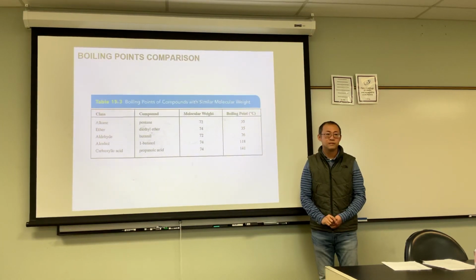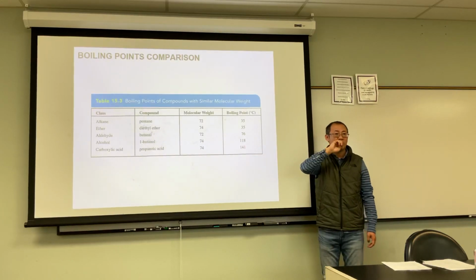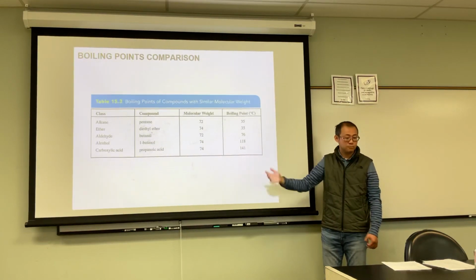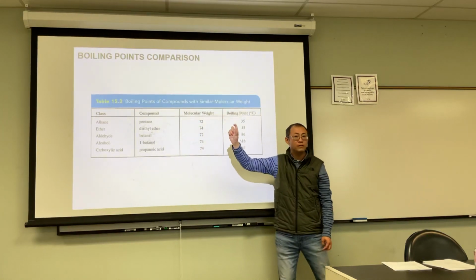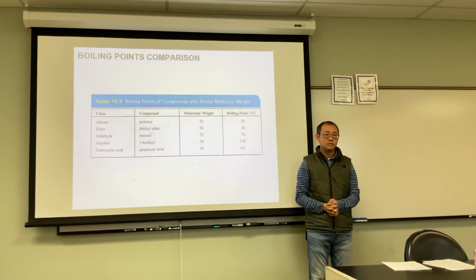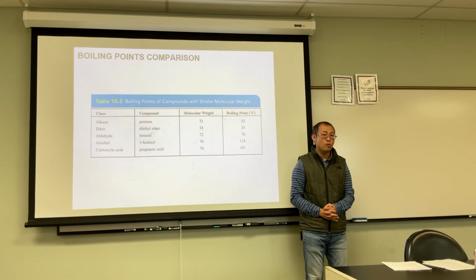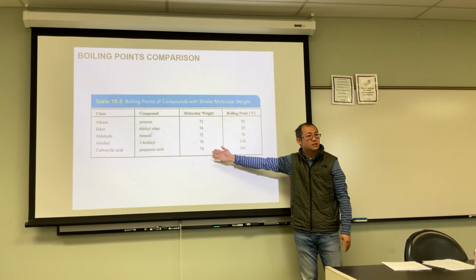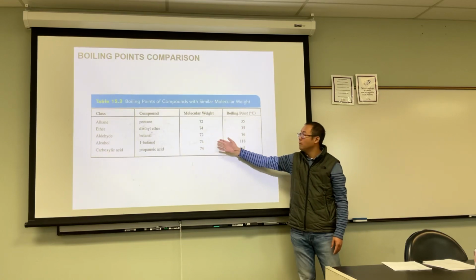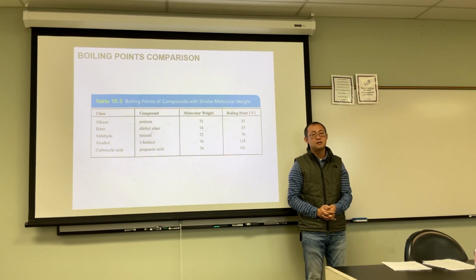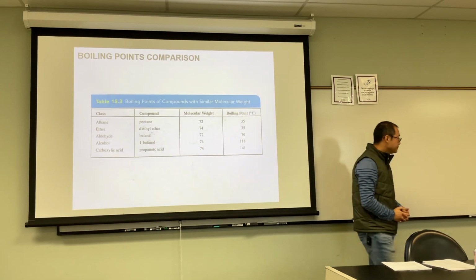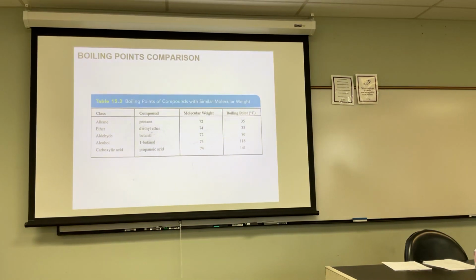This table shows you the comparison between different types. But again, you have to compare molecules of similar sizes, similar molecular weight. We don't study this concept in 102, but molecular weight is a number to quantify the size of the molecule.